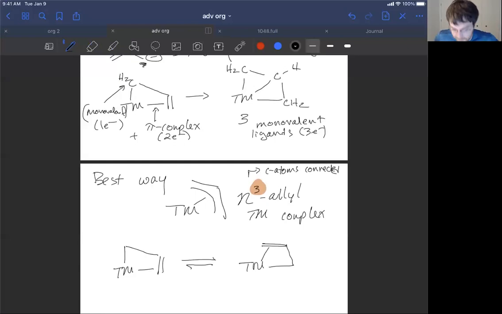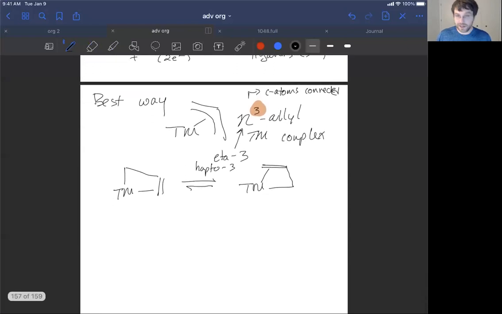Sorry for the drama there, which we show as this is our eta number, eta 3, or we say hapto 3. It's kind of annoying. Hapto is the formal language for we're connected to multiple atoms at once. Eta is just the symbol. And if we're eta 3, then we have 3 electrons because we're connected to 3 atoms.